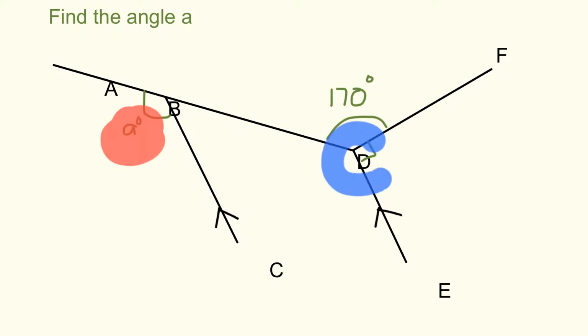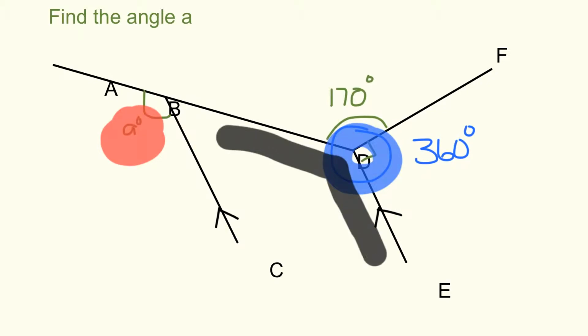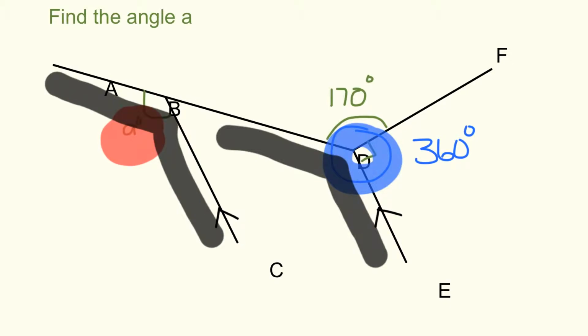However, we do know that this over here is a revolution, and therefore that has to equal 360 degrees. Okay, all the way around. So if we solve this angle over here, we should be able to get that angle there because they are corresponding angles.